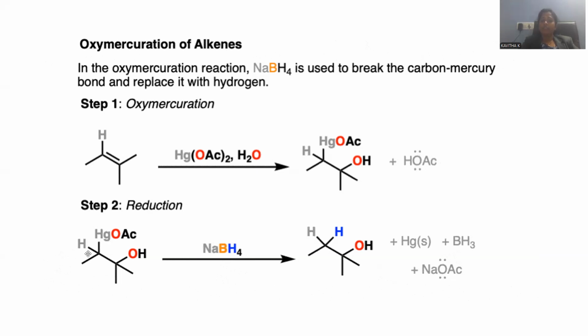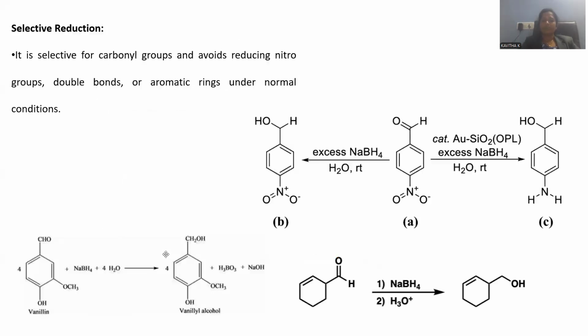Hydride selectively attaches to the carbon, removing the HgOAc, and there is a formation of hydroxide. The hydroxide generated will be a tertiary hydroxide in the case of this olefin.